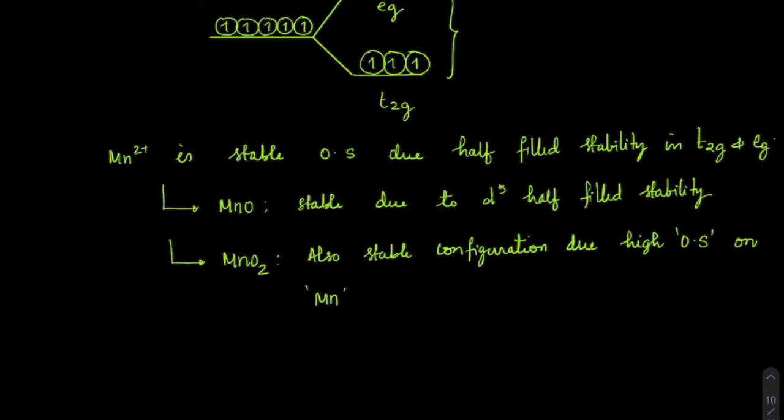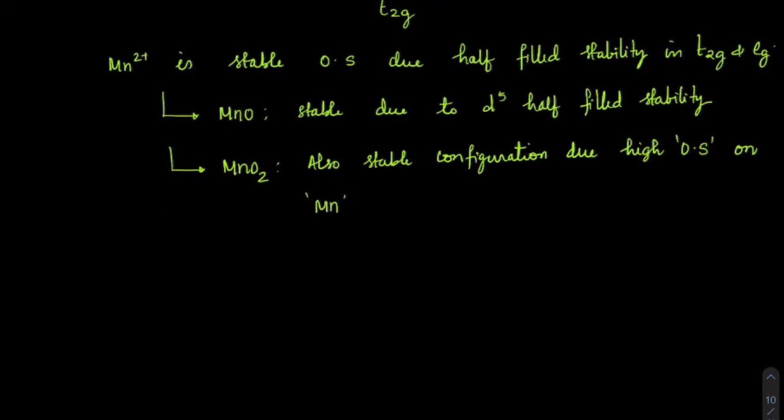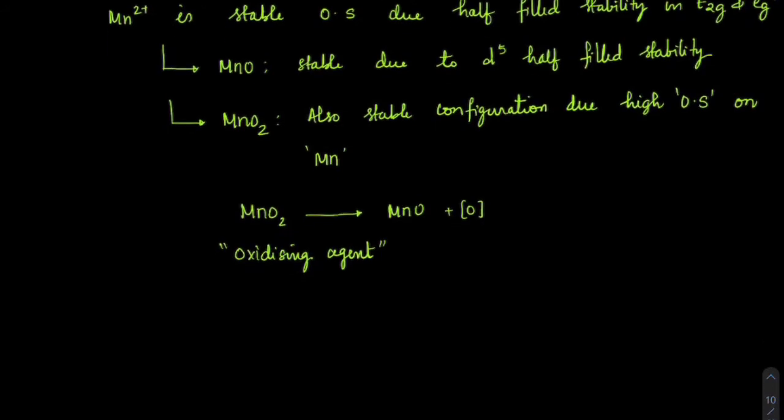So as nuclear charge increases, this is what we will usually see. Okay, but considering +4 and +2, +2 is more stable, so that's why MnO2 we usually see will decompose into MnO and nascent oxygen. Hence I can say this will act like an oxidizing agent. Have you understood that? Because it can release some nascent oxygen. I hope you understood that.